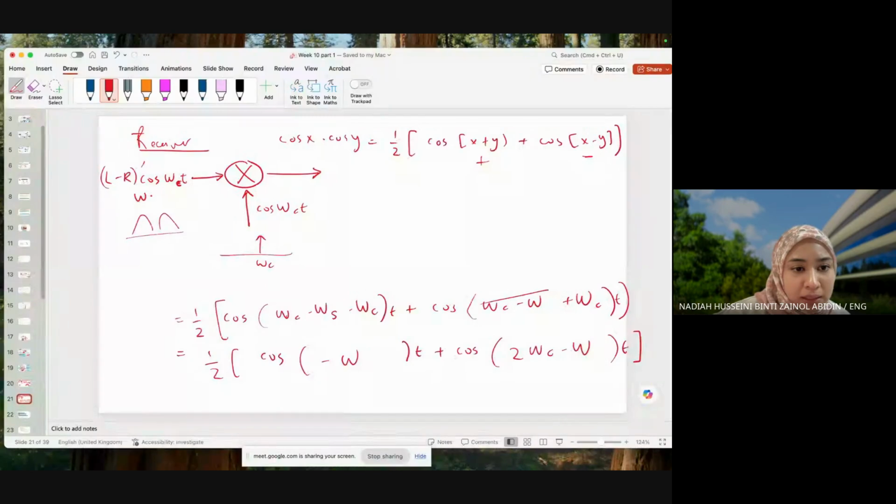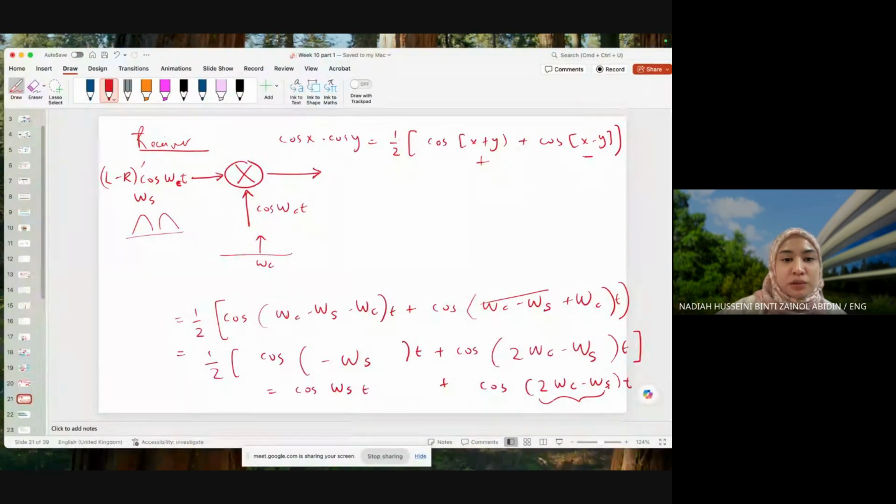This is omega S. So now you can see that this is cosine minus omega S. So cosine minus frequency jadi apa? I believe it's the same thing. So it will eventually become cosine omega S juga. And this is going to be cosine 2 omega C minus omega S T.